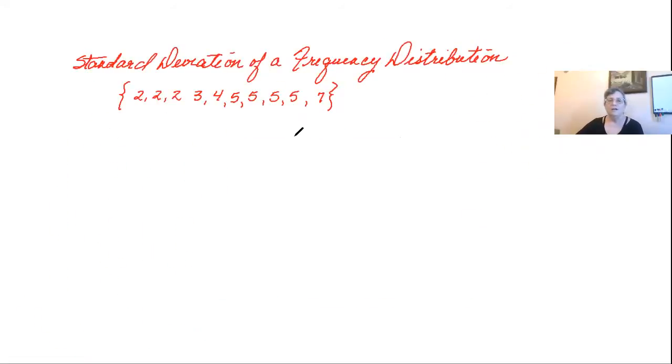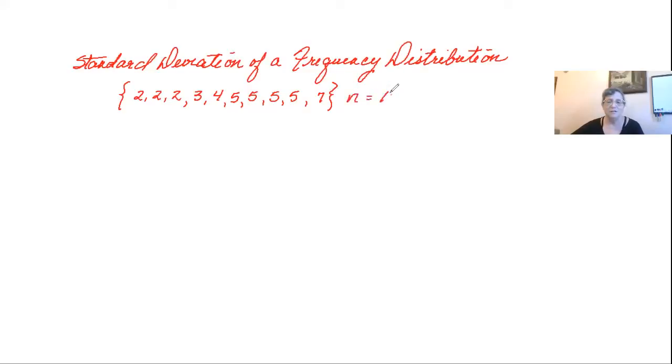Let's look at how you calculate the standard deviation of a frequency distribution. When you've got a bunch of numbers, but you don't have a lot of different numbers, it's actually much easier to do this as a frequency distribution than to have to get your x minus x bar 1, 2, 3, 4, 5, 6, 7, 8, 9, 10 times.